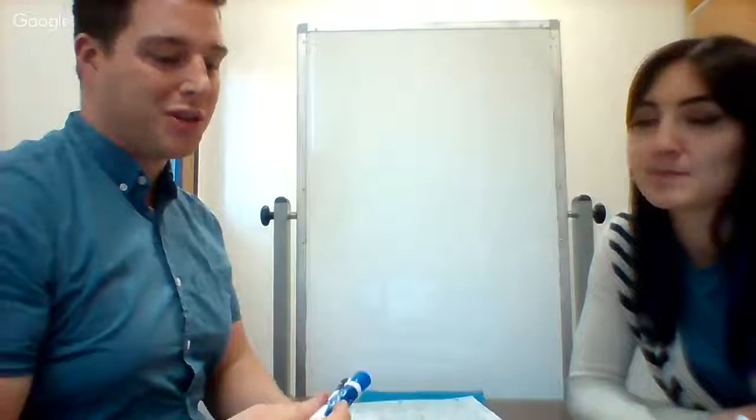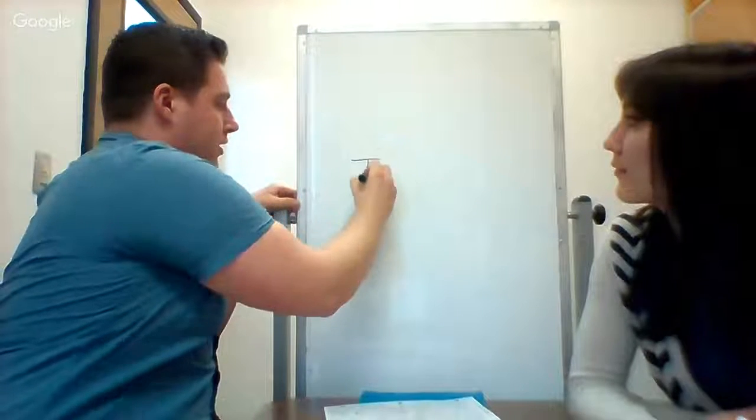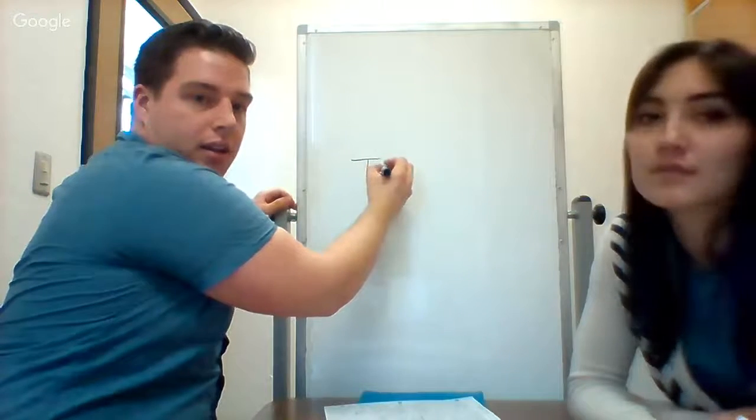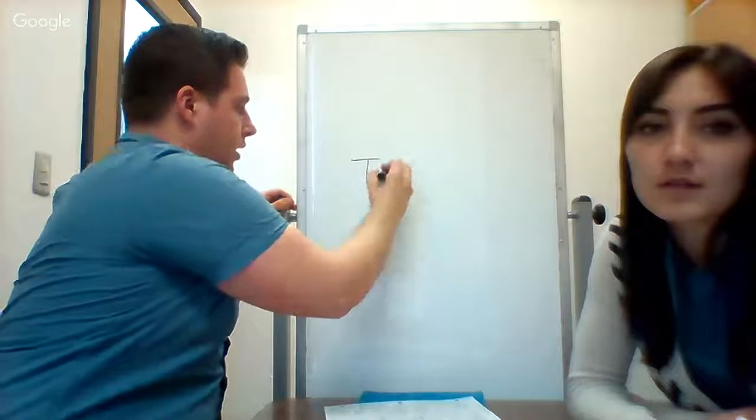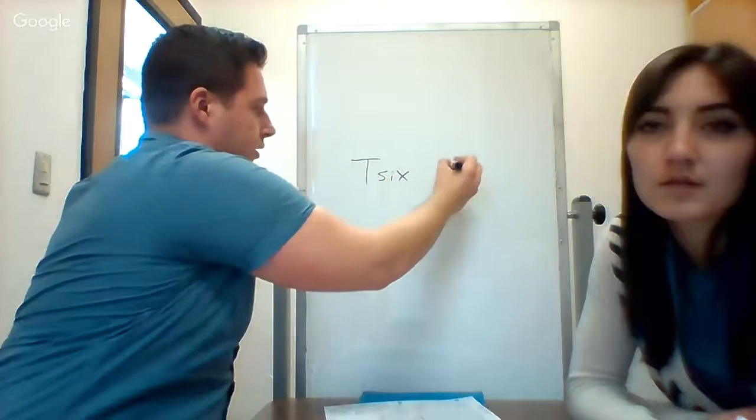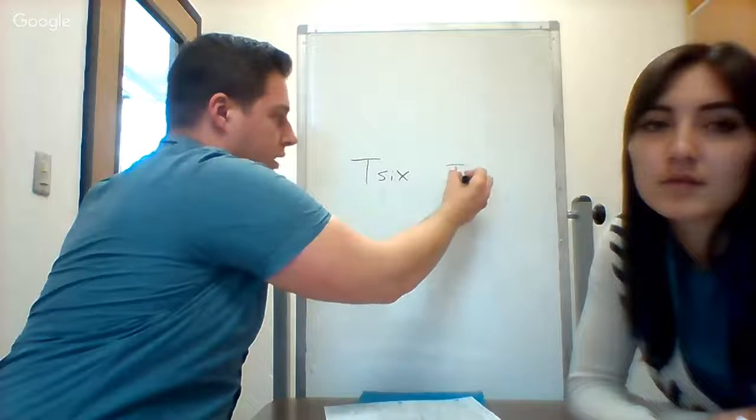Aside from butchering the reading of that question, I'll try to write it out on the board. So it says XIST, and then there's TSIX.